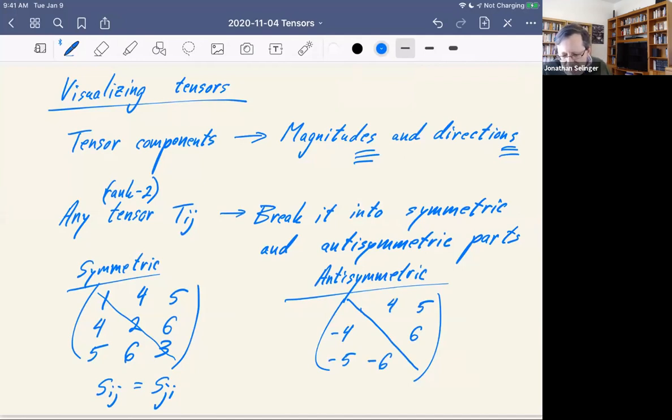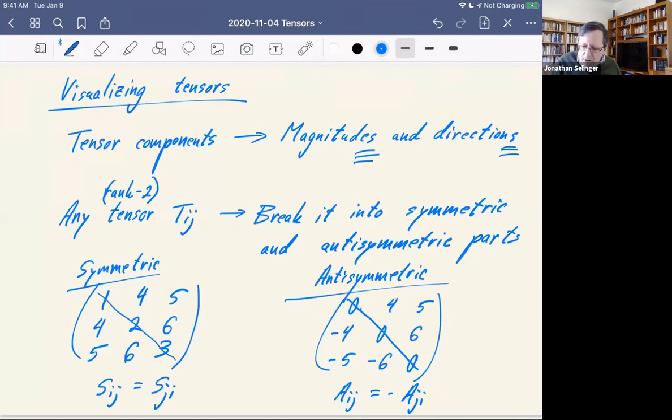Necessarily, that means that whatever is on the diagonal has to be 0, so that when you flip about the diagonal, it stays in the same position, so it has to be equal to its own negative. And 0 is the only number like that. So Aij equals negative Aji.